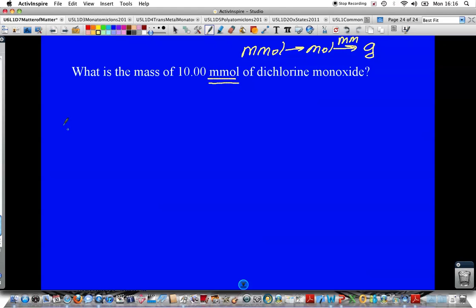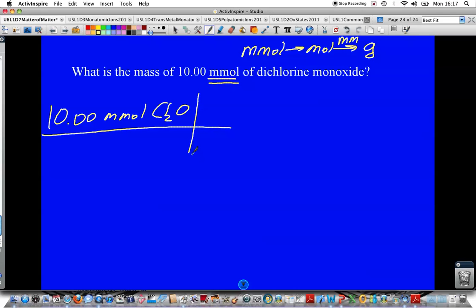So I'm going to start off with my 10.00 millimoles of dichlorine monoxide, so Cl2O. And milli means basically 1,000th. So a millimole is 1,000th of a mole, so it takes 1,000 millimoles to equal 1 mole. So 1 mole is equal to 1,000 millimoles.